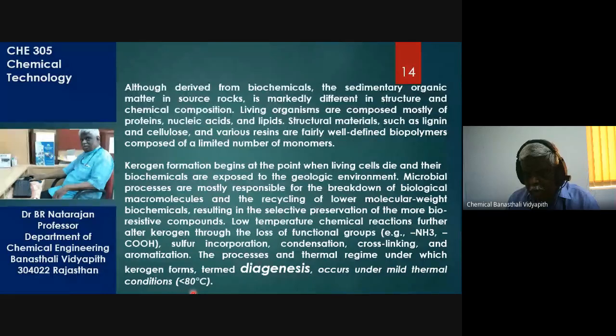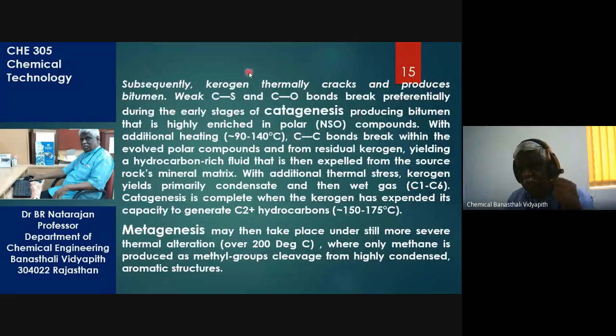Kerogen at about 50 to 80 degrees undergoes diagenesis to form a set of hydrocarbons, which further undergoes, in the range of 150 to 175 degrees, what is known as catagenesis, where some bond breaking happens. They end up producing bitumen, and polar compounds containing NSO, that is nitrogen, sulfur, oxygen.